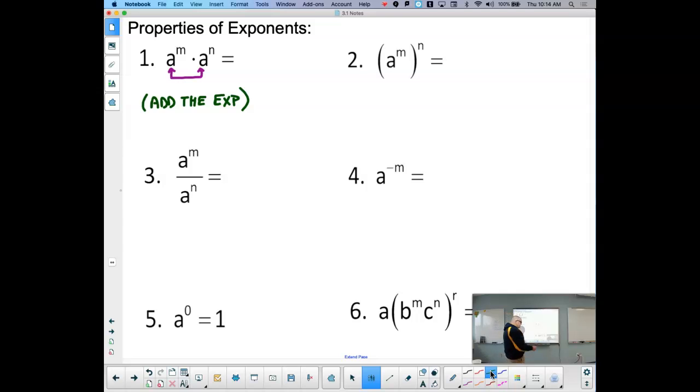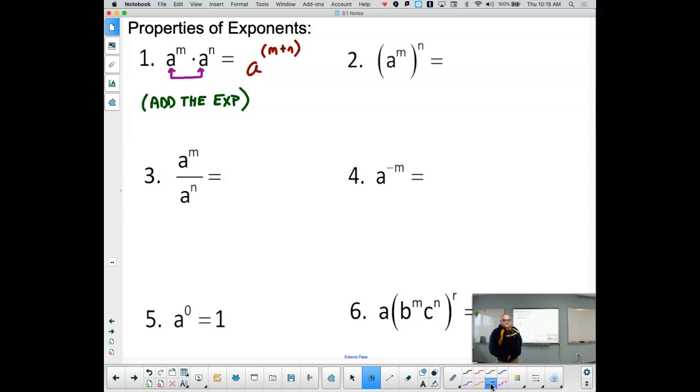So this actually would end up being a to the m plus n power. In number 2, when it's a power to a power, that's what it's called, the power to a power property.